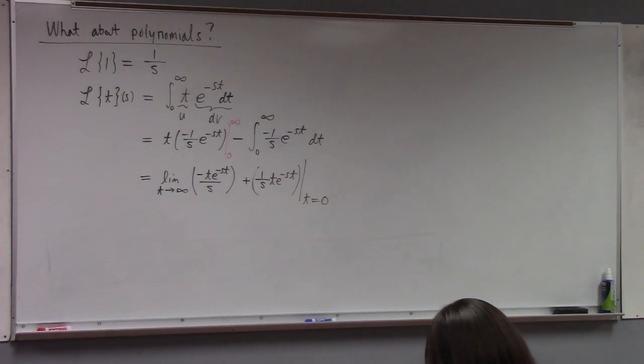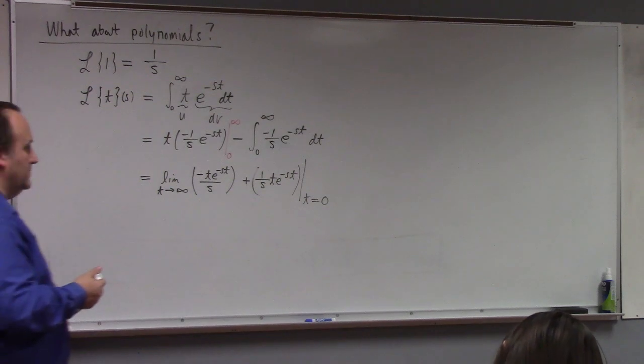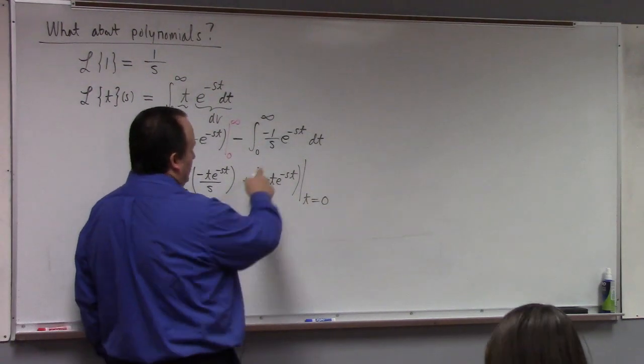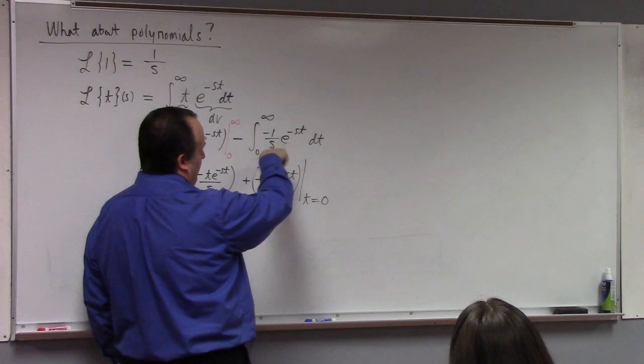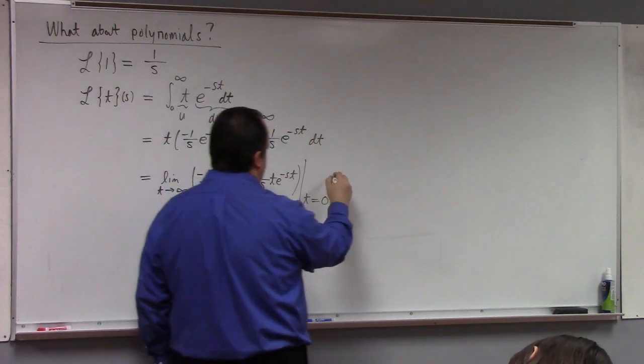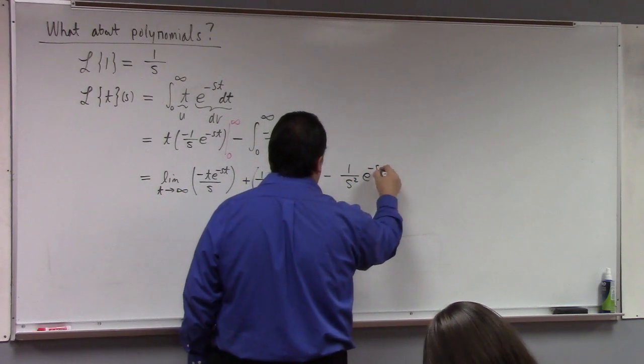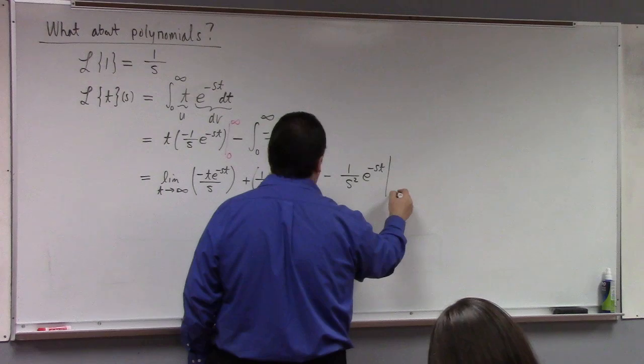So what is that? I still have the integral term past that, you know. This one, when I integrate this, what do I get? I think I get minus 1 over s squared e to the minus st evaluated from 0 to infinity.